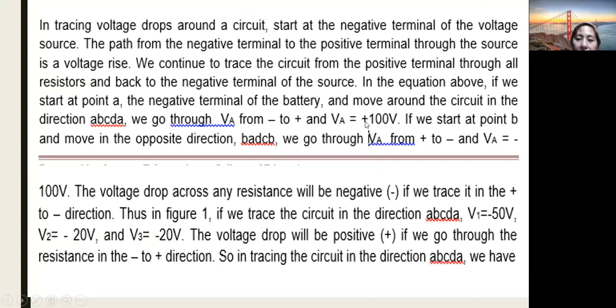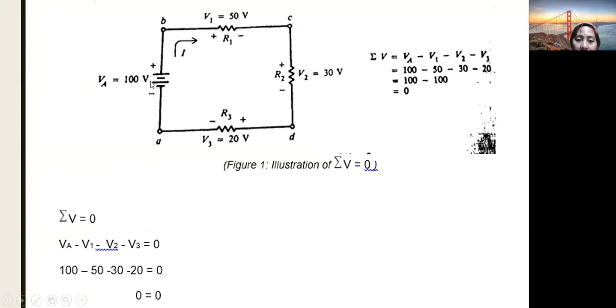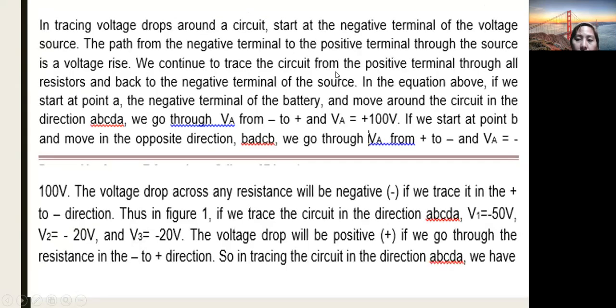And the voltage applied, therefore, is equal to positive 100 volts.